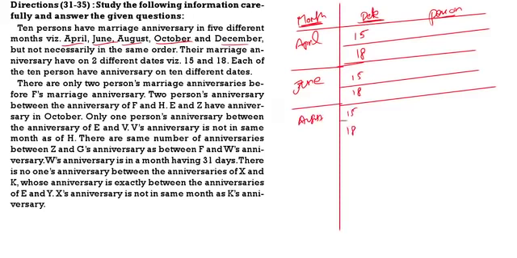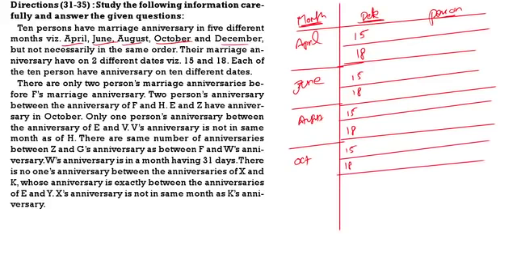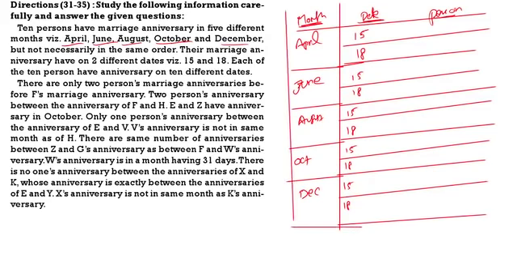Then October, 15th, 18th. Then December, 15th, 18th. So April has 30 days, June 30 days, August 31, October 31, December 31. And these are the dates.